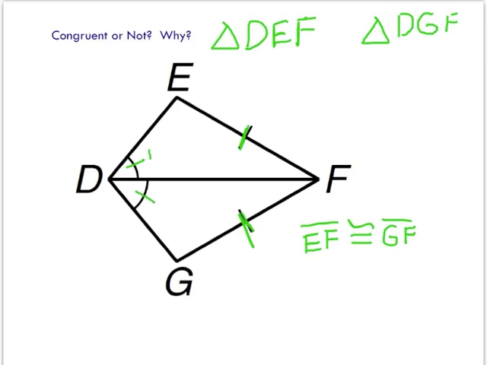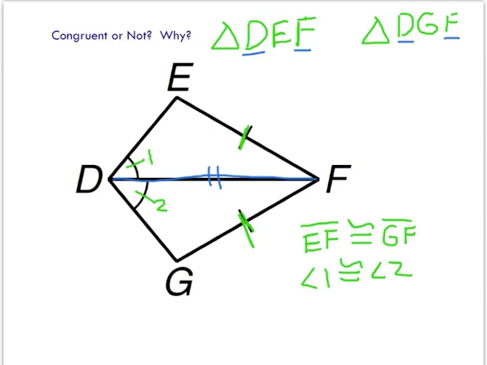Maybe I'll just number them angle 1 and angle 2. So now we have a pair of sides and a pair of angles. We also have, just like in that previous example, this shared side up the middle, DF. So that means that, in both triangles, DF will be congruent to itself.